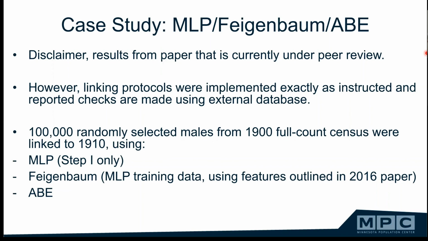So we wanted to compare the MLP step 1 algorithm to what I'm calling here the Feigenbaum approach, using a more limited number of individual level characteristics, basically following that very nice 2016 paper, as well as the ABE links that have been provided at the Census Link website, I believe.